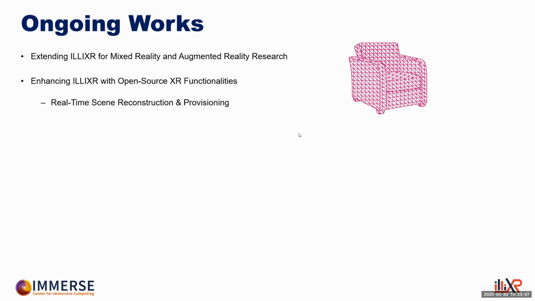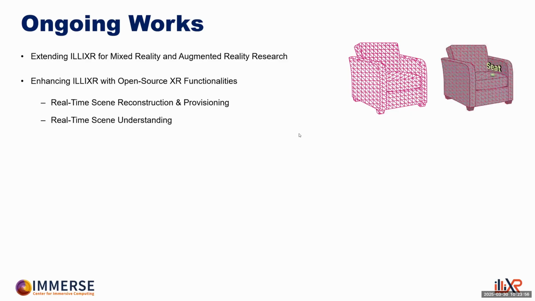This approach is similar to ARKit's scene reconstruction provider, which supplies structured scene data for applications. Work is also underway to add scene understanding to ILLIXR, where the XR devices can understand and classify real-world objects and surfaces.